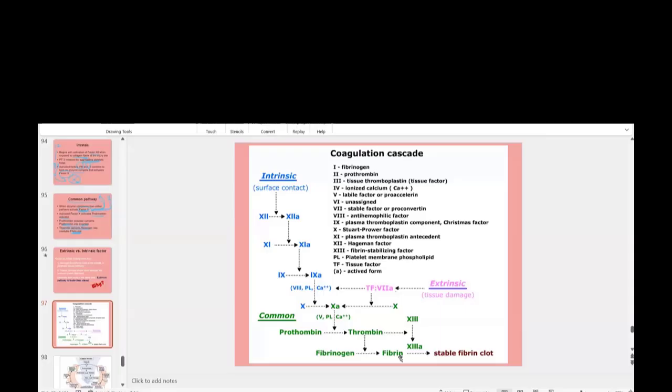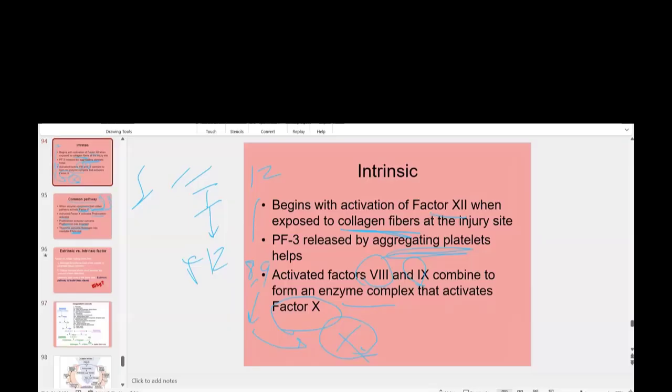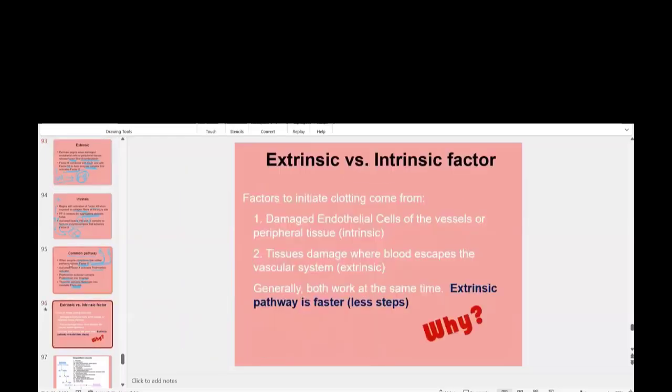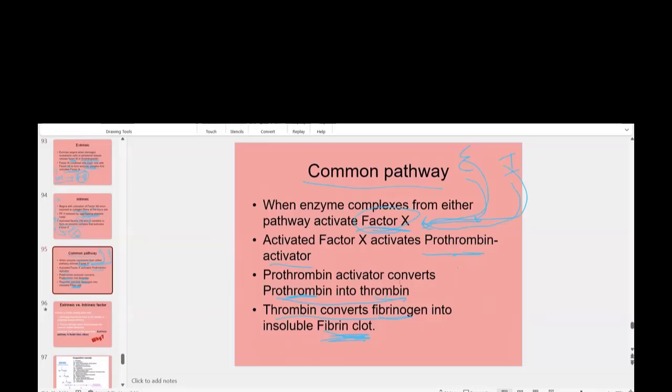That is the clot. Some steps you should remember: in intrinsic, 12, 8, 9 lead to factor 10. In extrinsic, 3, 7 lead to factor 10. And then the common pathway: prothrombin is converted into thrombin, and thrombin converts fibrinogen into fibrin.